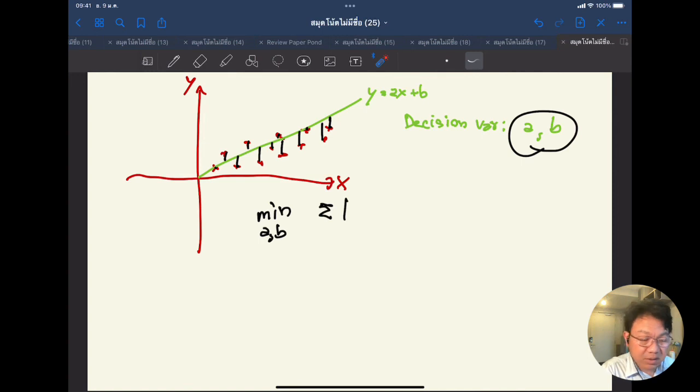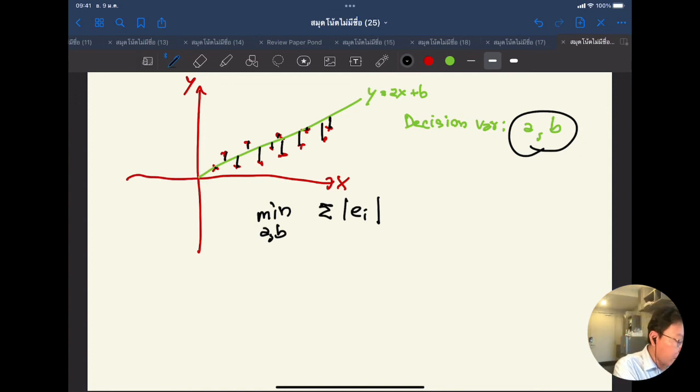So you cannot just combine the deviations together, because the positive and negative sides both have a negative effect on the deviation. If you just combine them, they will cancel themselves, right? So we have to take an absolute value of them. So absolute EI, and we are going to take the summation of all these errors, the sum of absolute errors.